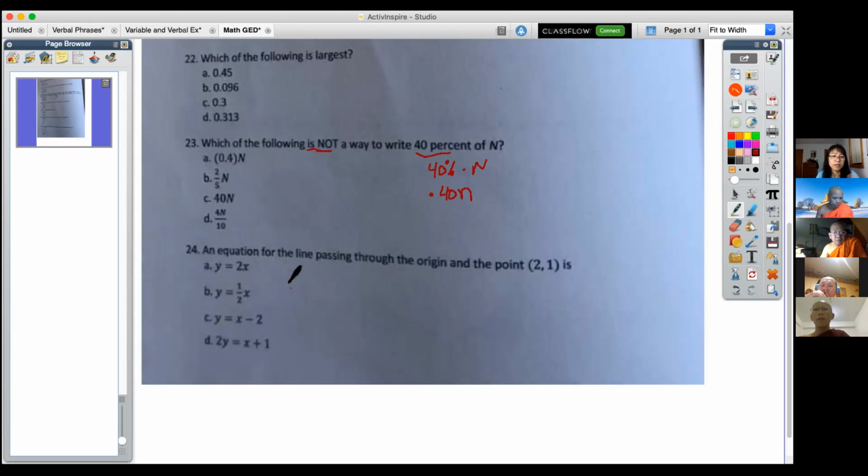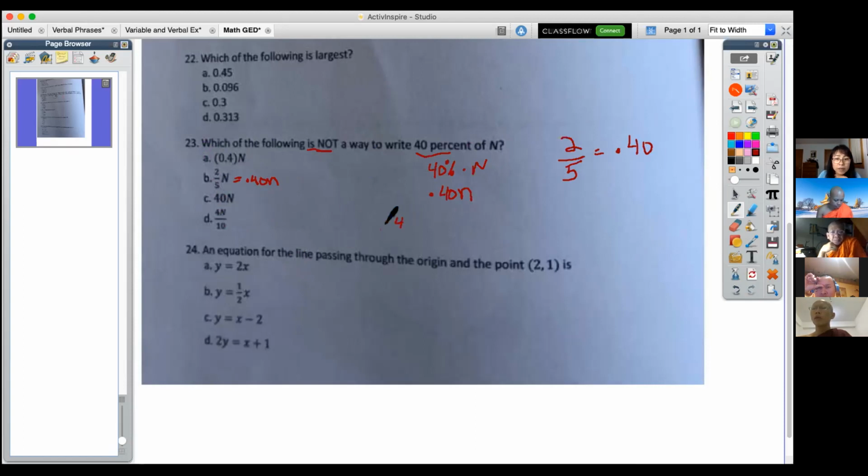What is 2 divided by 5? Can you put that in your calculator? Isn't it 0.4? 2 divided by 5 is 0.4. So this one is also 0.4n. And 4 over 10.